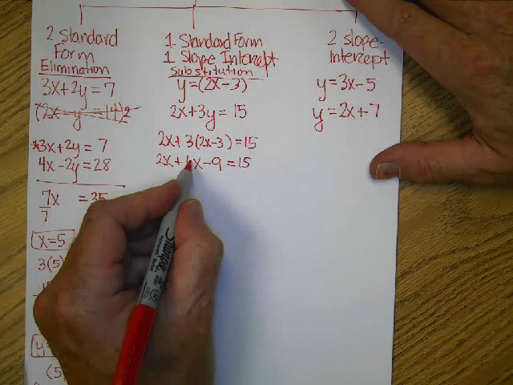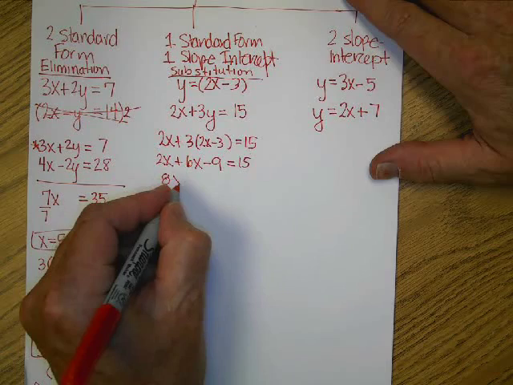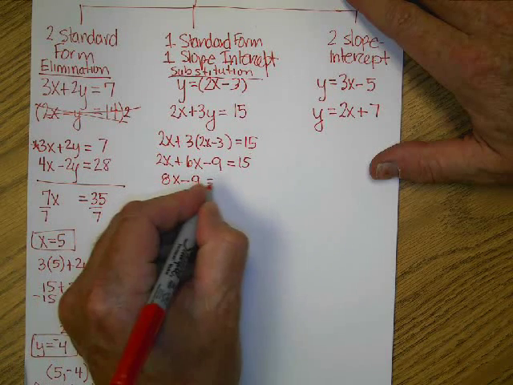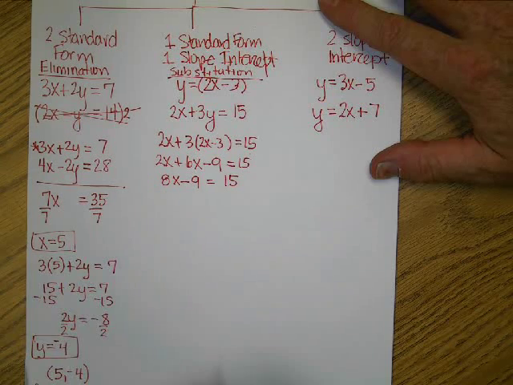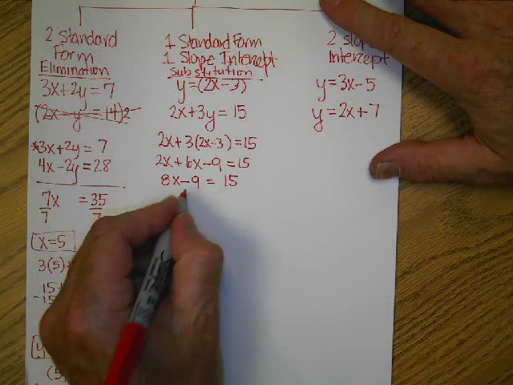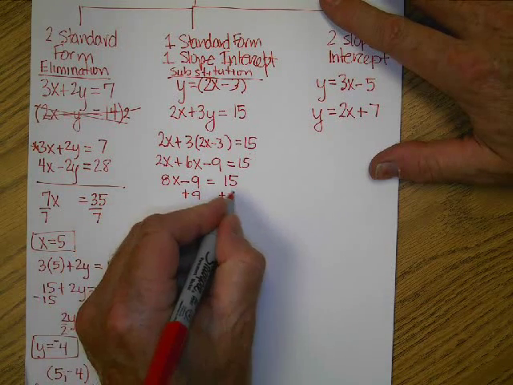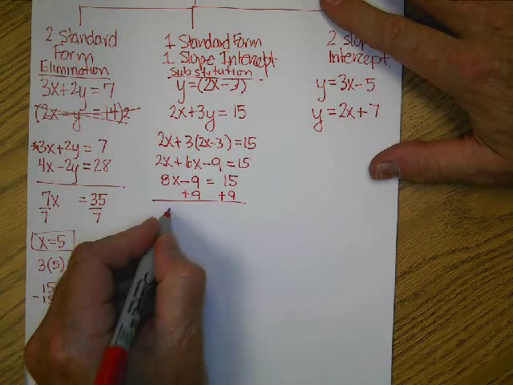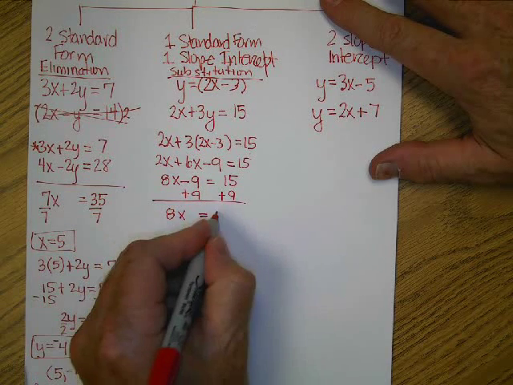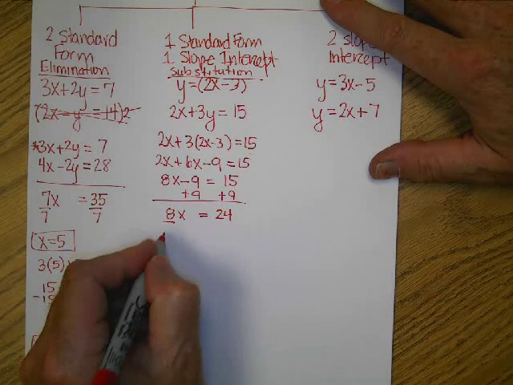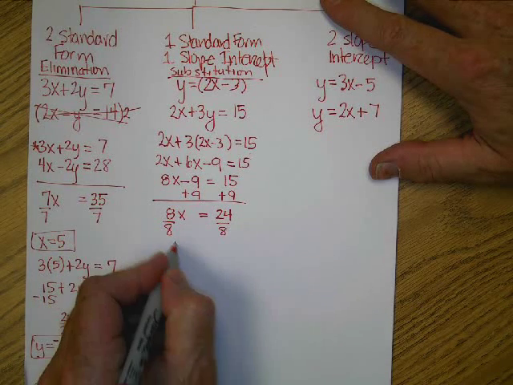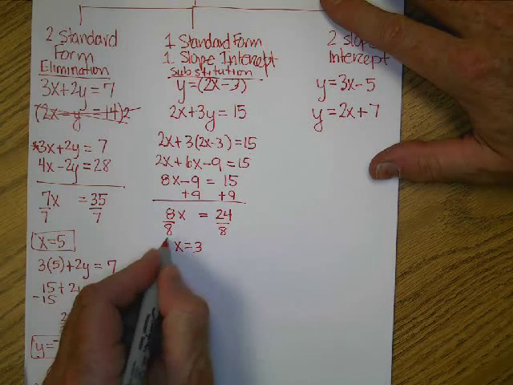Now we collect like terms: 2x and 6x is 8x. Am I going too fast? Take a minute, freeze the video. Add the 9 over, and I get 8x equals 24. Are you with me? Now I divide out my 8, and I get x is 3.